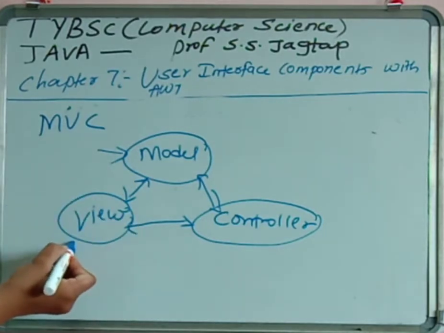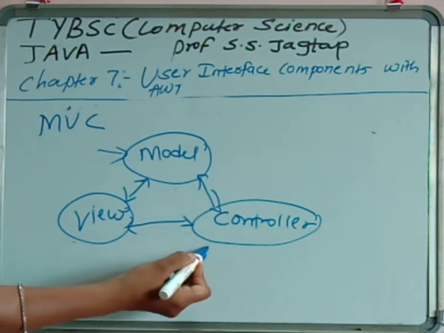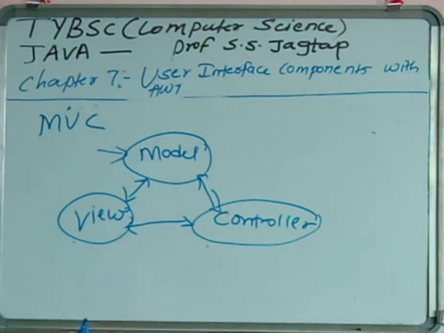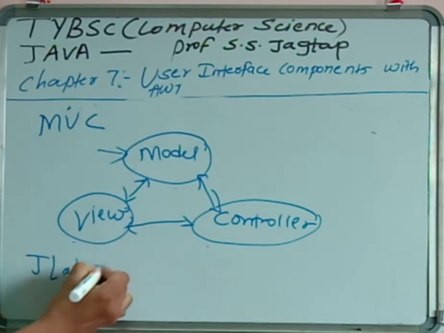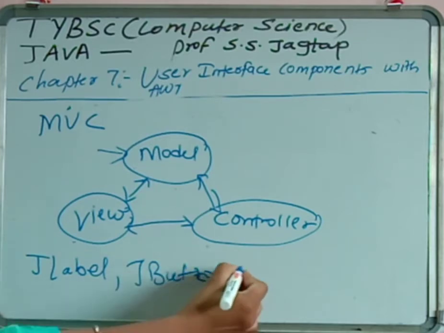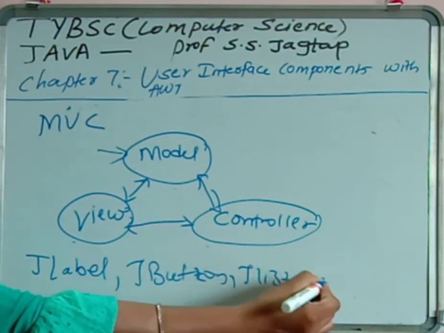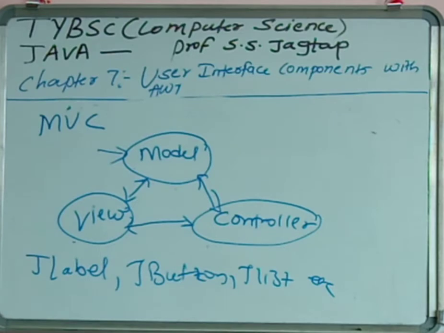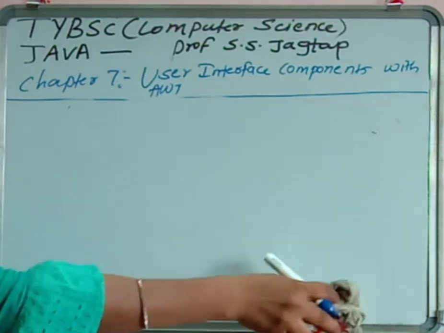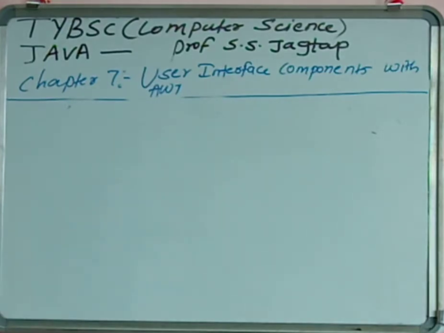View is what is represented on the screen, and controller handles the input such as mouse click or key pressed. Hence, JComponent classes consist of JLabel, JButton, JList, etc.